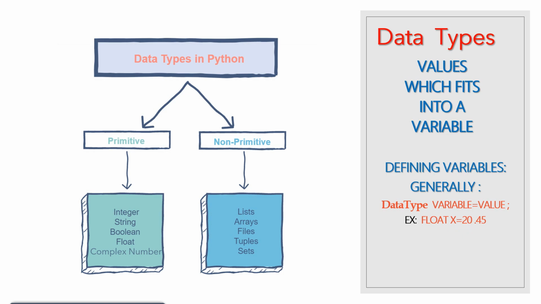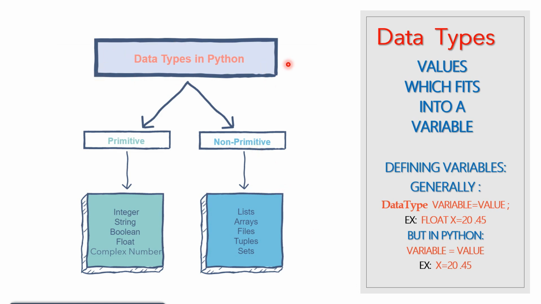Float is generally used when you want to declare a decimal value. But in Python, you needn't worry about the data types. That is, you need not worry about the float. You have to just give x is equals to some value. That is, variable is equals to value. x is equals to 20.45. Simple as that.